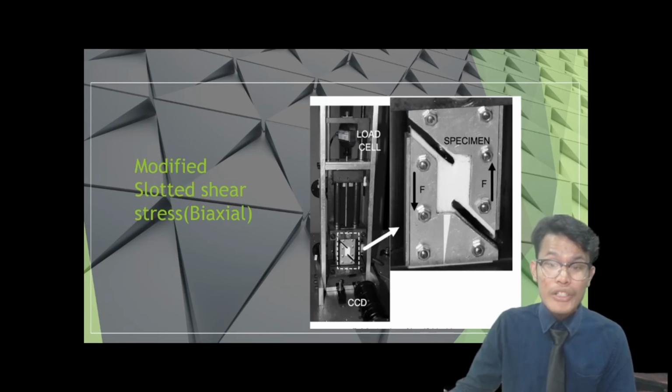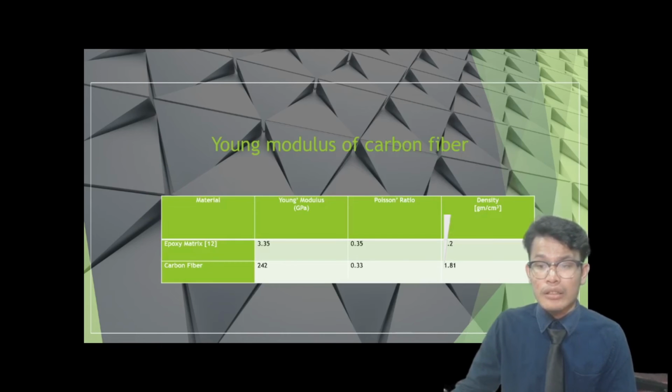For the simulation for my project, I will use the modified slotted shear test method that has been done by Nunes in the research paper titled Modified Slotted Shear Test for a thin sheet of solid polymer under large deformations. The material that I will use for this project is carbon epoxy that has a Young's modulus value ranging from 3.3 to 6.4 GPa.